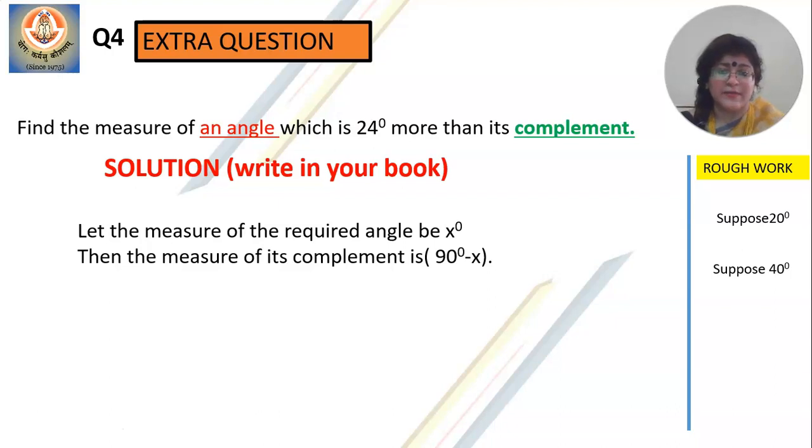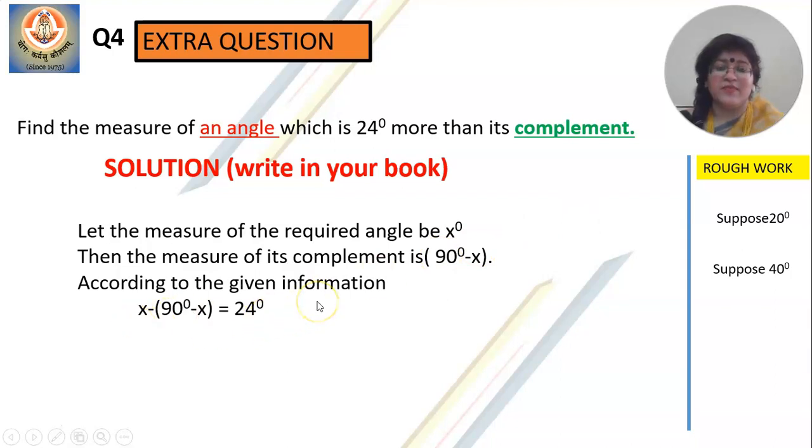Now, what will be the next step? Find the measure of an angle which is 24 degrees more than its complement. So, according to the given information, the angle is 24 degrees more. That means this angle is more than the complement by 24. So if this angle is more, it has to be written first.